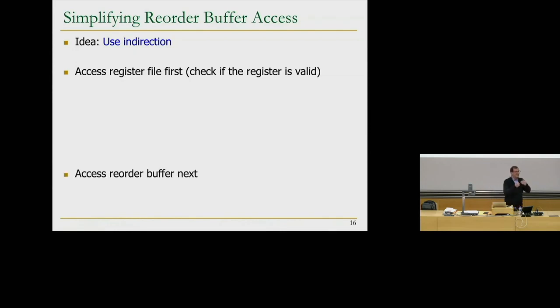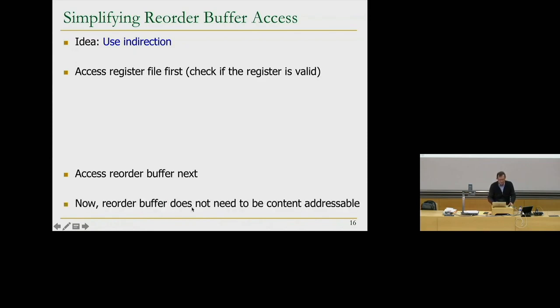And if the register is invalid, that means that it's somewhere in the reorder buffer, and the instruction is either executing or it's finished. So you access the reorder buffer after that. Now the reorder buffer doesn't need to be content addressable anymore. So you can actually have an indirection that tells you which location in the reorder buffer is going to produce this R3.